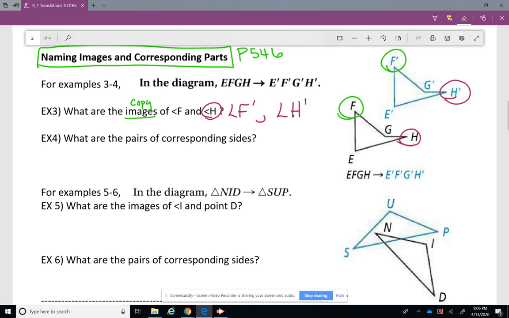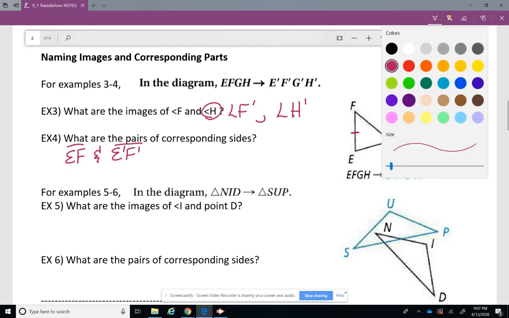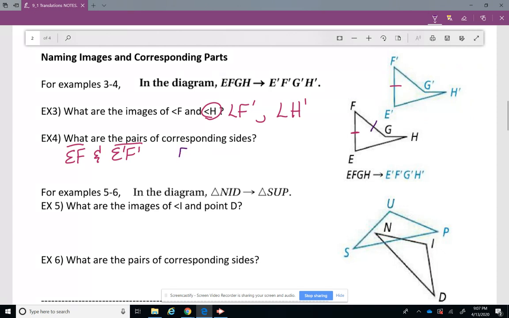What are the pairs of corresponding sides? Now, this is the part that you should feel pretty comfortable with because we've done this before. When it says the pairs of corresponding sides, they want us to list the sides. So basically, you're saying the EF right here corresponds to E prime F prime. All right, let's do another color. Segment FG corresponds to segment F prime, G prime.